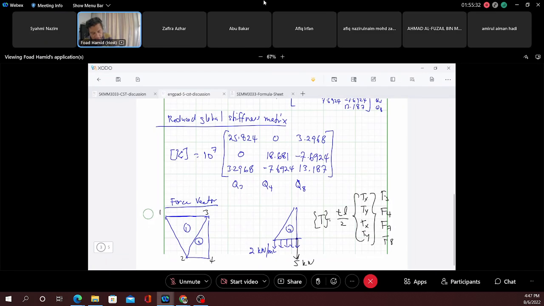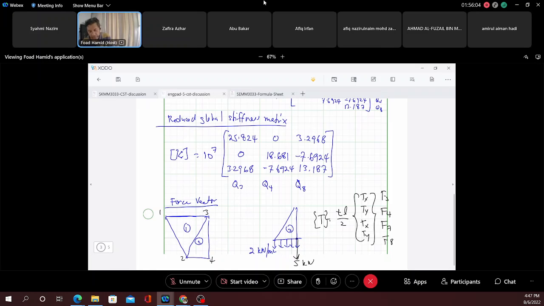And the loads are at F7, F8, and F3 and F4. There's no load at F5 and F6. Furthermore, there's no load in the X direction for F3. X direction at node number 4 is also not there. It's just only vertical load.